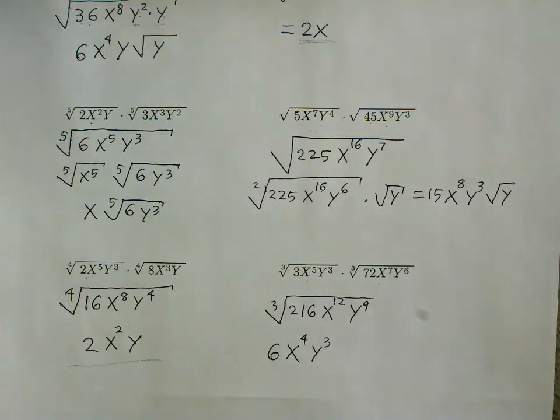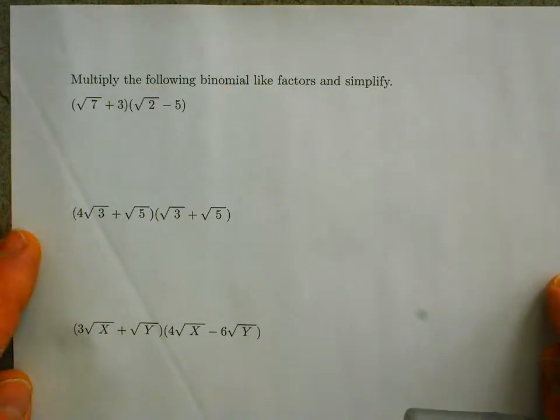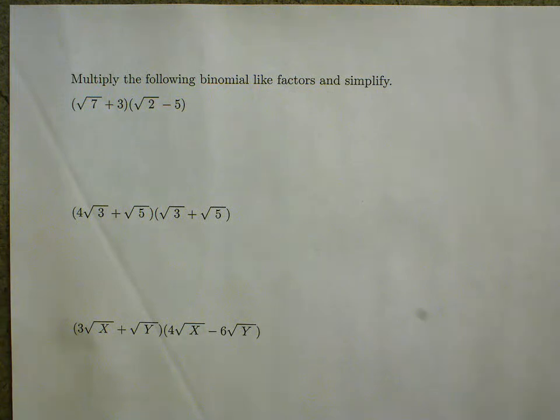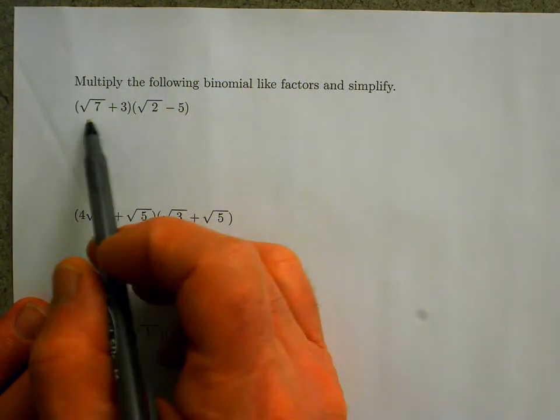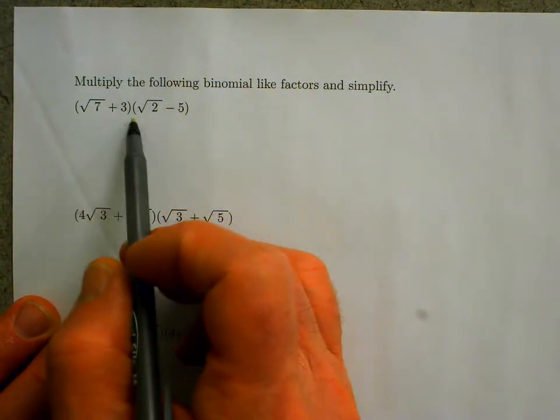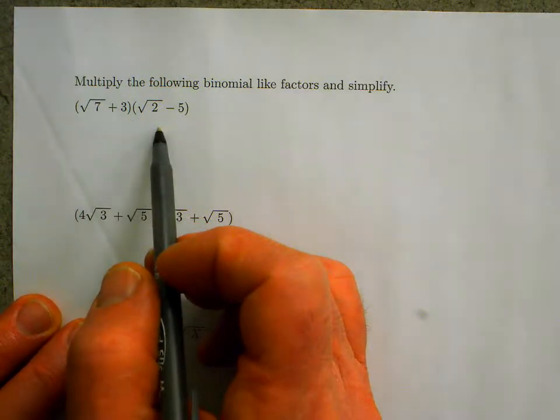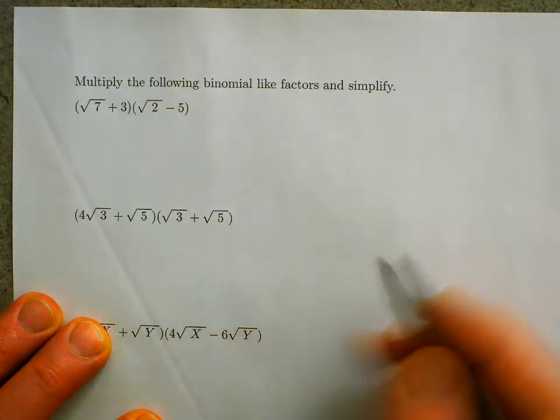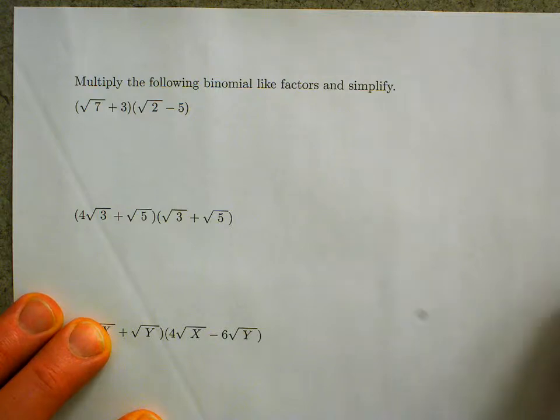Okay, on the next page, we multiply binomial-like factors. We know how to multiply binomials, so here we follow the same pattern when multiplying these expressions. So we want to multiply the quantity square root of 7 plus 3 times the other quantity, the square root of 2 minus 5.